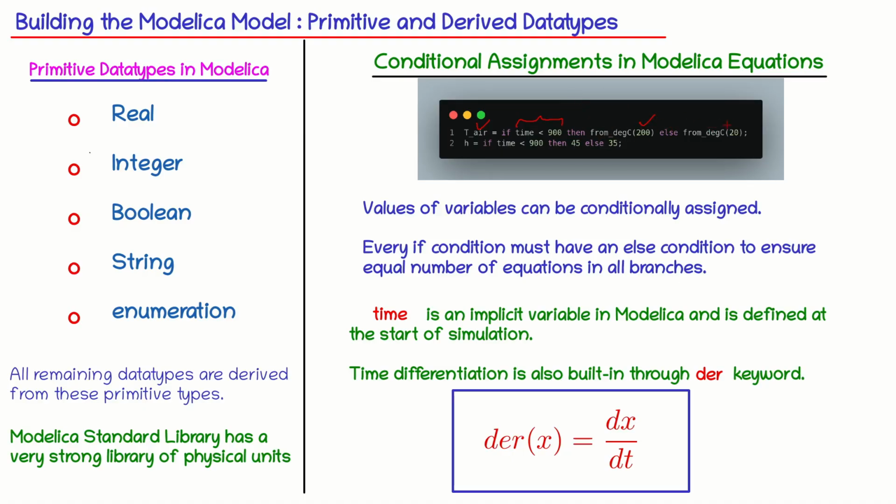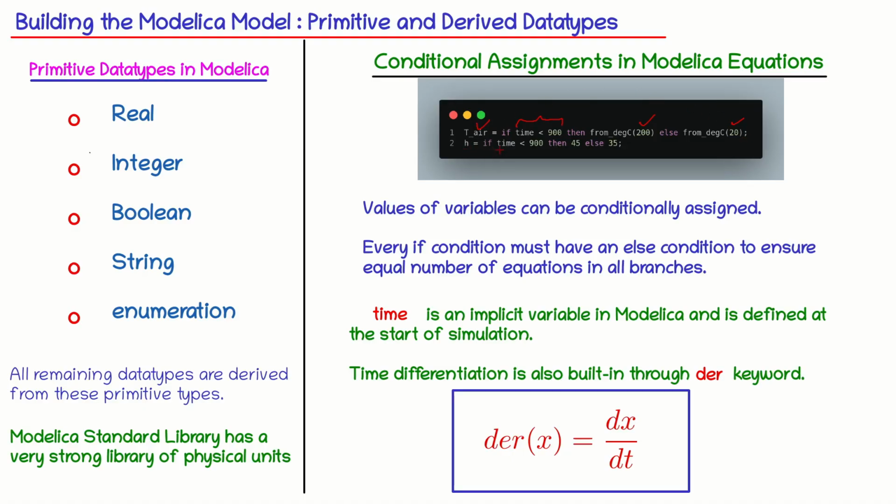Else, the value of temperature will be 20. An important constraint in if conditions in Modelica is that an if must be followed by an else, because otherwise this equation will be incomplete in certain conditions. Modelica strictly adheres to the condition that the number of variables and equations should always be equal, so that every time, regardless of whether the time is greater than or less than or equal to 900, there should be an evaluation for this equation.